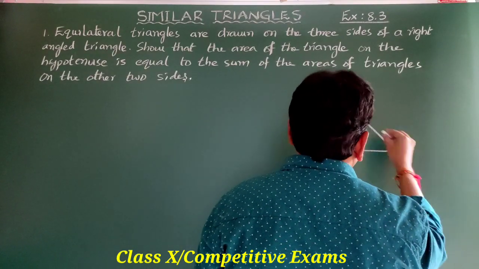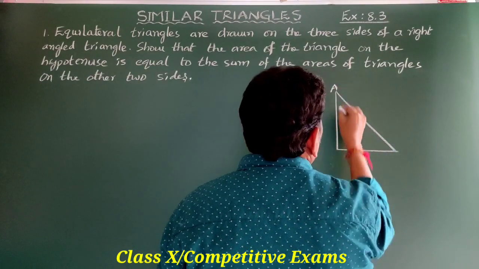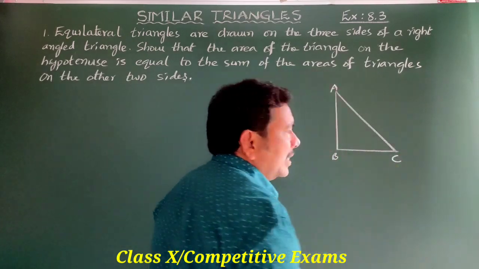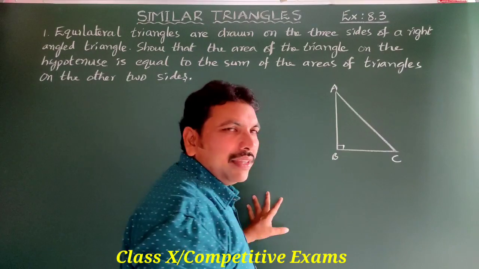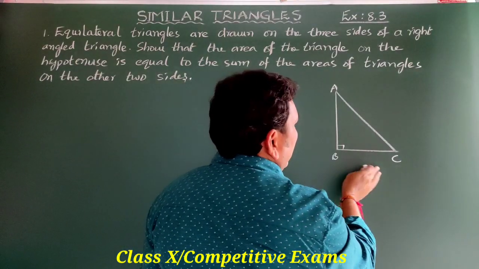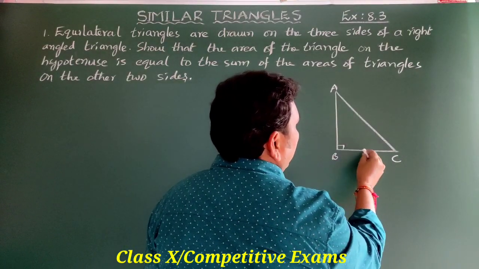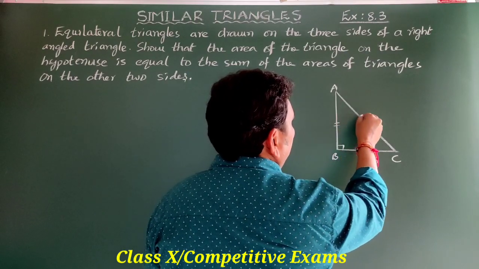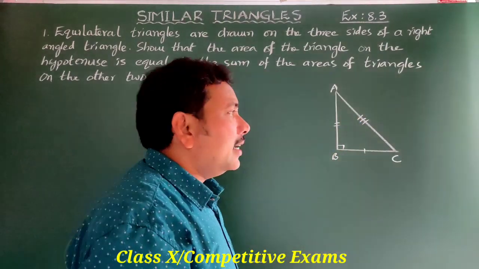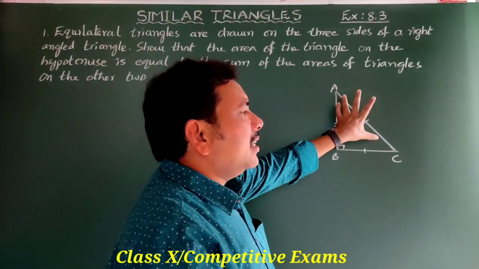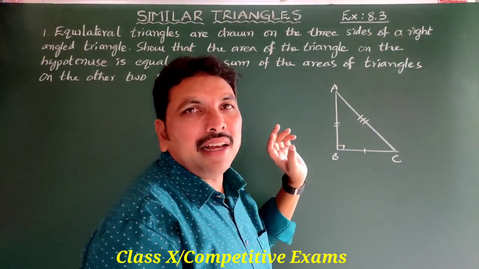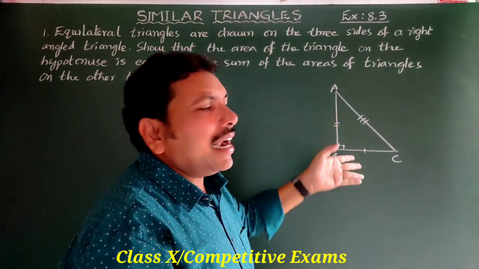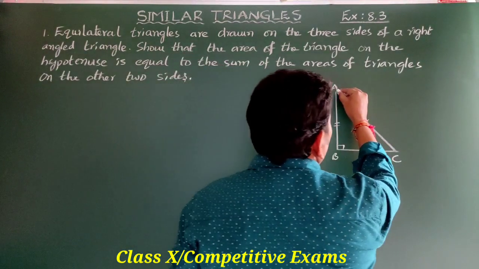Suppose ABC is a triangle. Right angle is at B. The sides of the right angle triangle are of different lengths. Three equilateral triangles are drawn on all the sides of the right angle triangle.